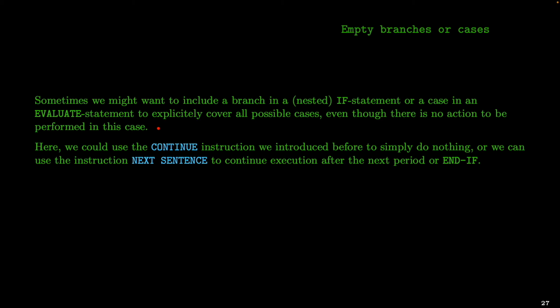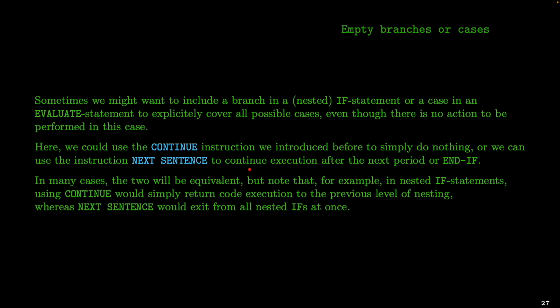And what we can do here is either use the continue instruction that I introduced before, which wouldn't do anything, or you can also use the next sentence instruction to continue execution after the next period or the next end if or end evaluate.